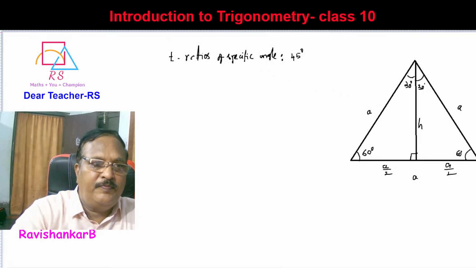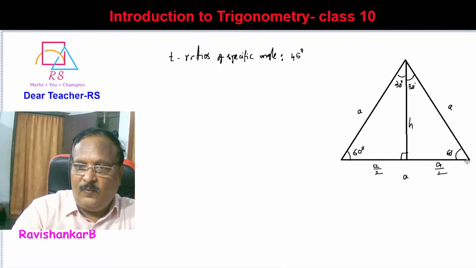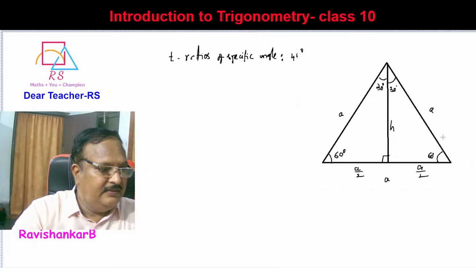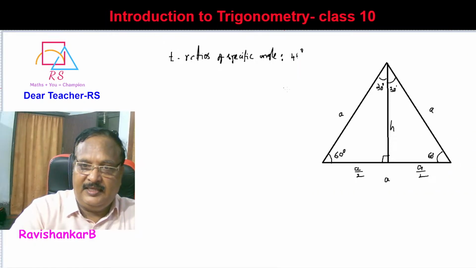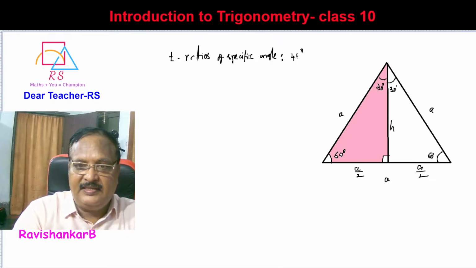In this there are two right triangles. You can take one right triangle. Let me shade the right triangle we are taking.